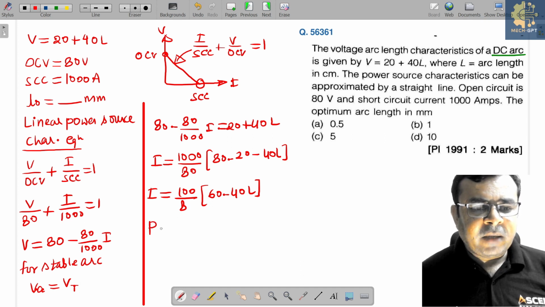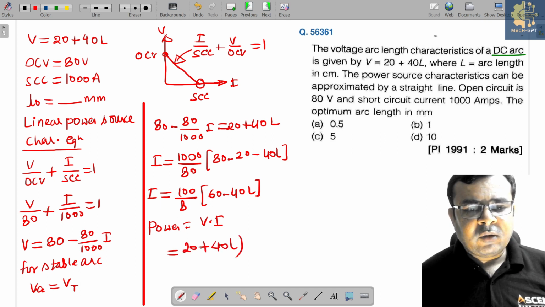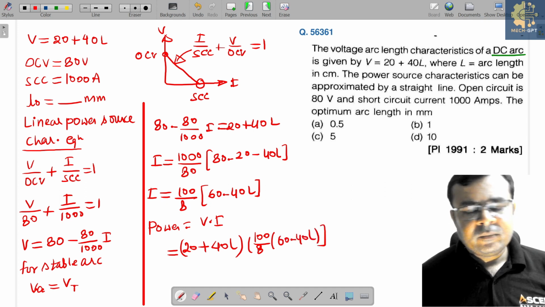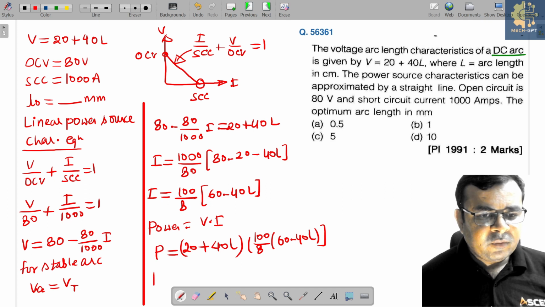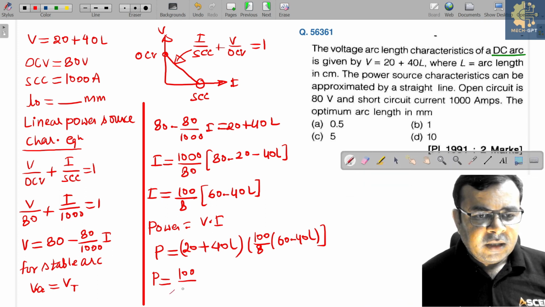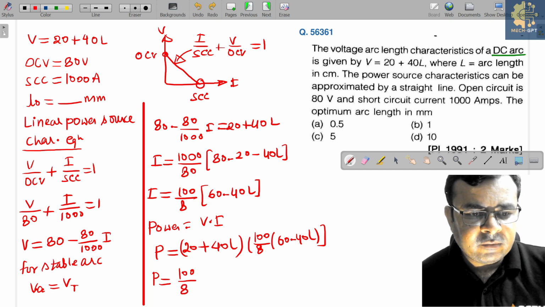So if I calculate power, which is nothing but V into I. If you multiply voltage, that is 20 plus 40 L, into I, that is 100 by 80 into 60 minus 40 L. If you simplify this expression, we take the common term 100 by 80 out.